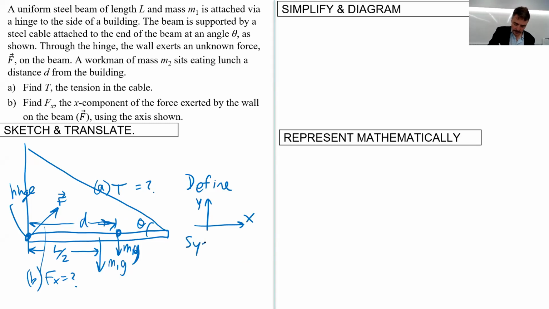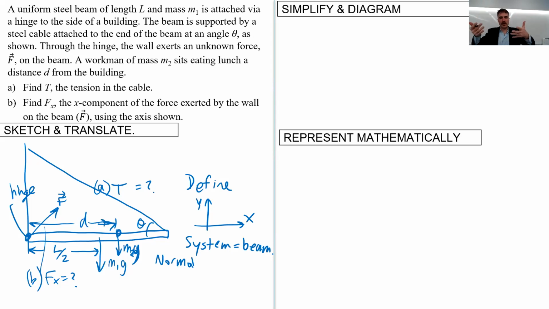We're going to define the system to be the beam. And what I'm going to do here, similar to what we did before, is treat the normal force: the workman is in equilibrium. So there's a three-step process here. The workman has a downward force of gravity, the earth pulling the workman down, which is M2 times g. To put the workman in equilibrium, the beam has to push upwards on the workman with the same magnitude force, M2 g.